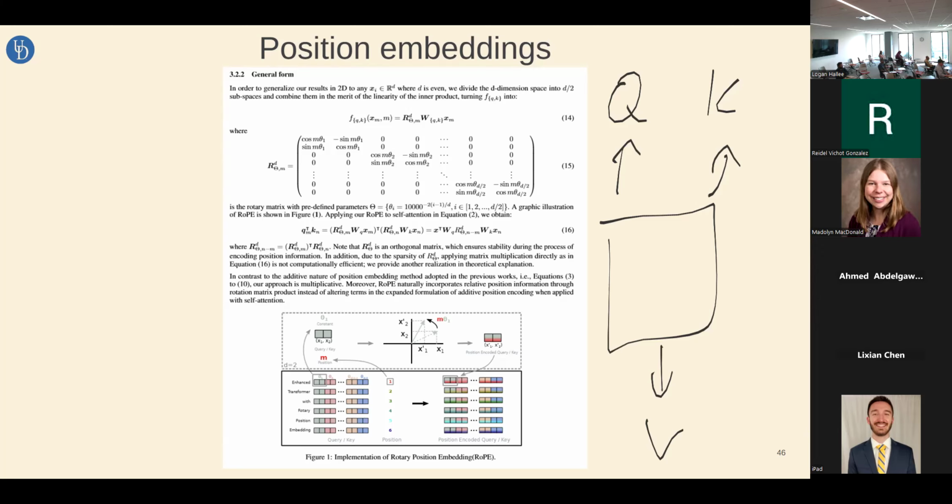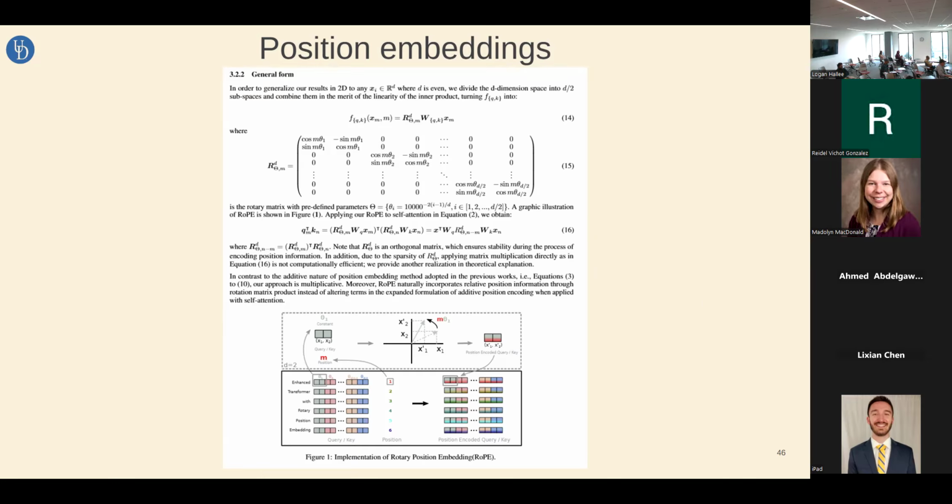It's only needed for the attention, so that's where we have it. That's essentially rotary positional embeddings. And again, there are other types, which are less common now.